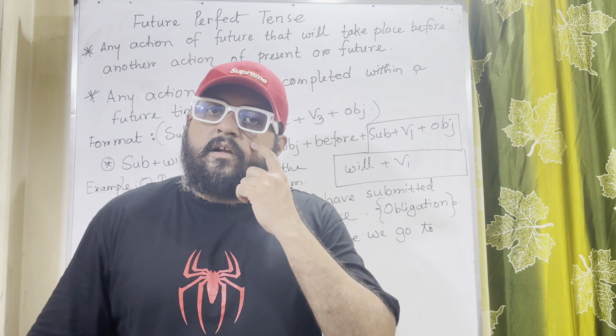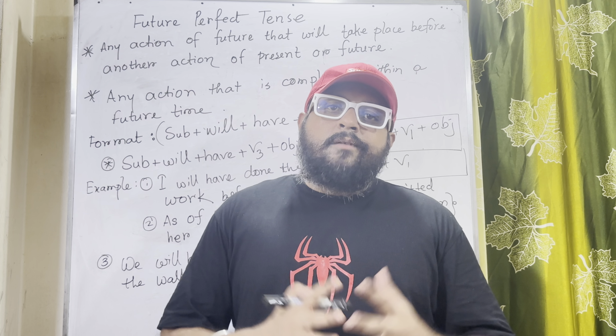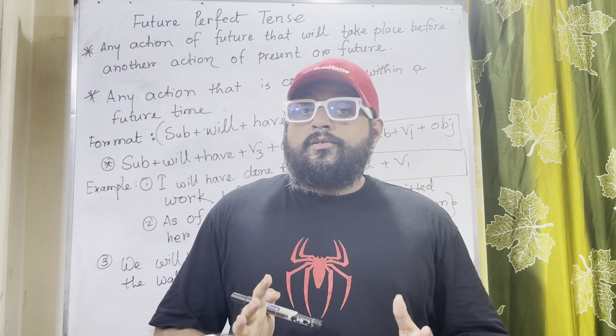So if we want to talk about any future action, we need to use future tense. Future perfect: something that we will do in the future, but we will do an action before another action.